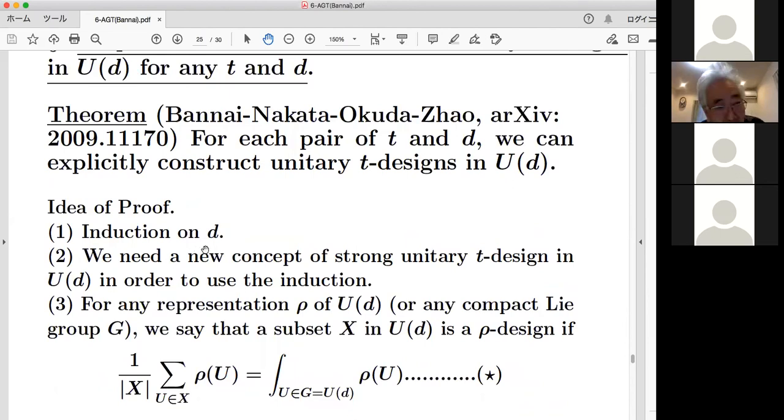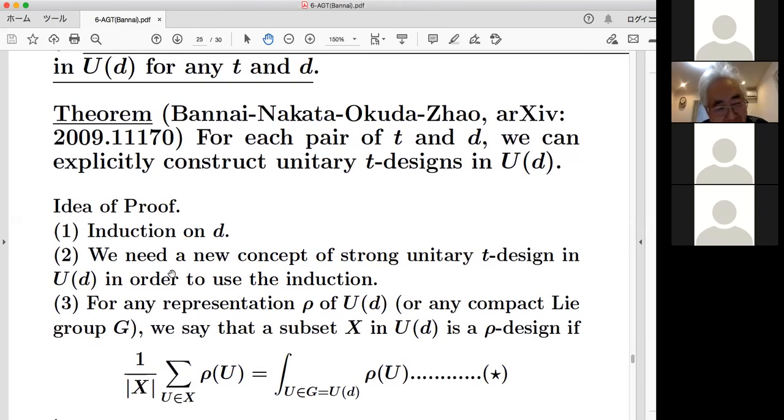We use induction on D. This is our basic point. And in order to use this induction, we need to introduce some new concept called strong unitary T design in UD. This concept of strong unitary T design is stronger than ordinary unitary T design. But to use induction, we need this concept.